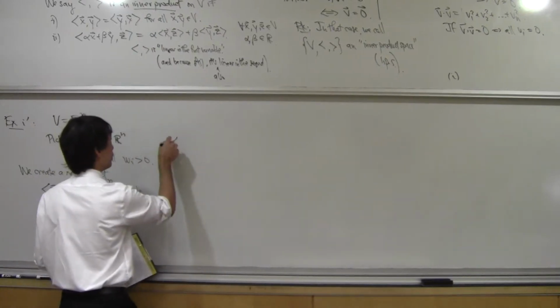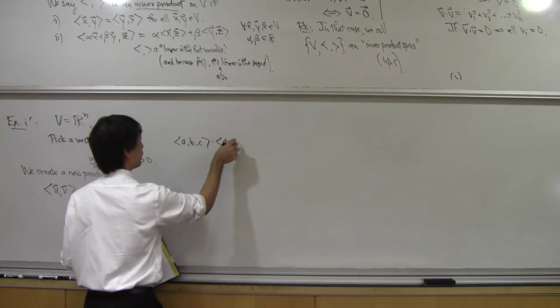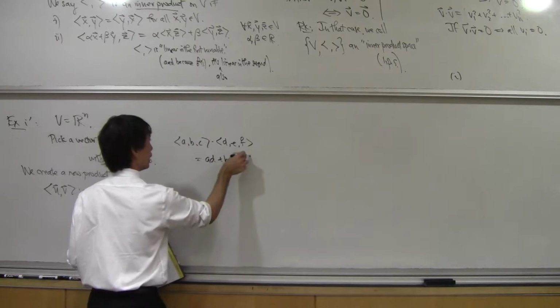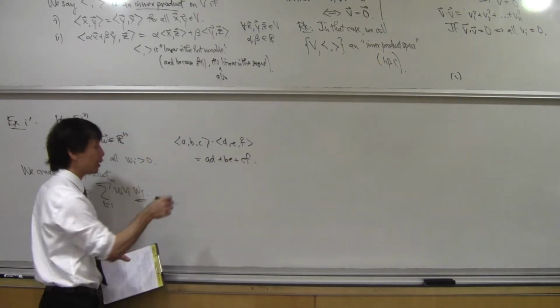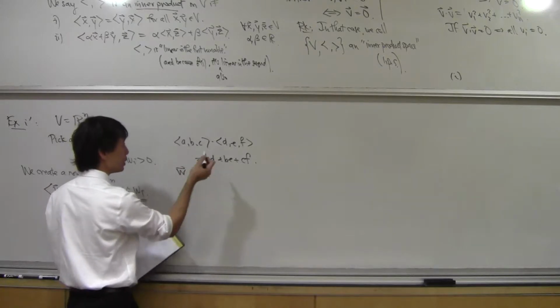So your normal dot product (a, b, c) · (d, e, f) is ad + be + cf, right? But now we create some sort of weighted dot product. You can choose your weight however you want.